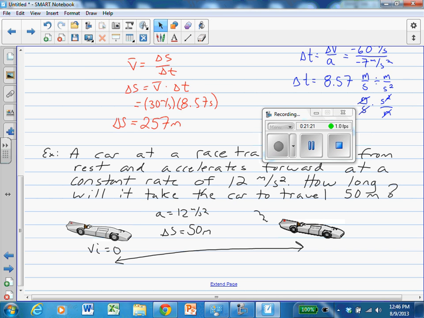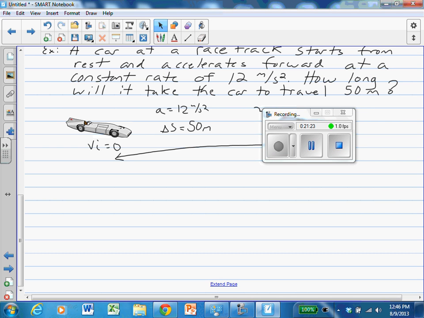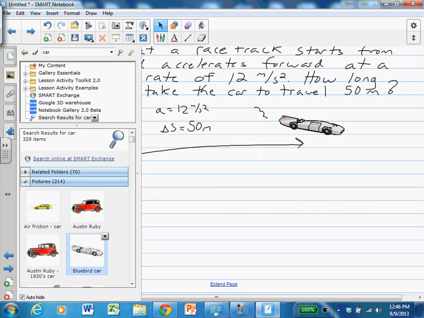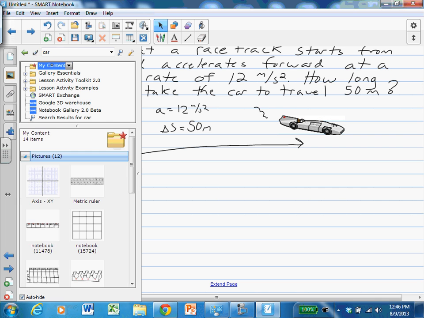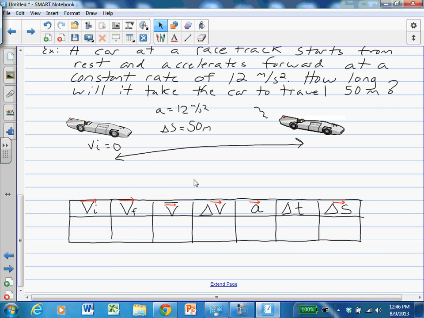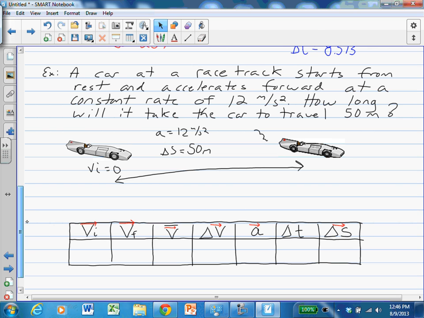If we look at our chart again, plug in what we know. Let's see. We know VI is 0. We know our acceleration is 12 meters per second squared.